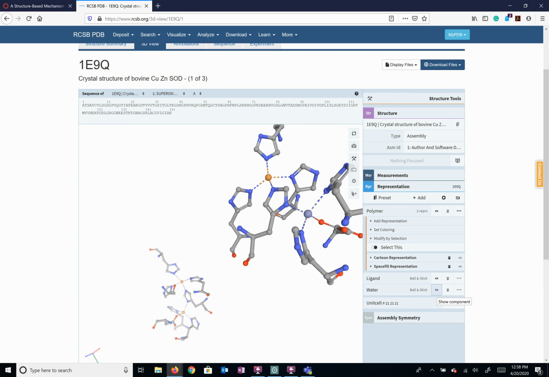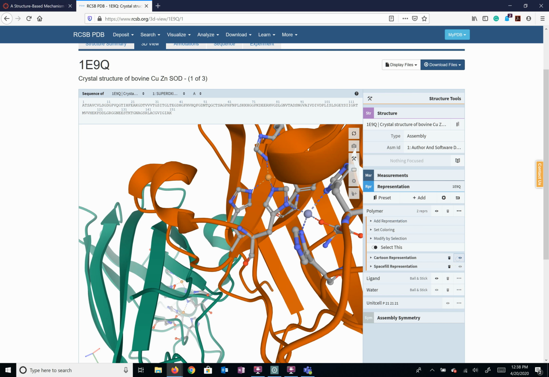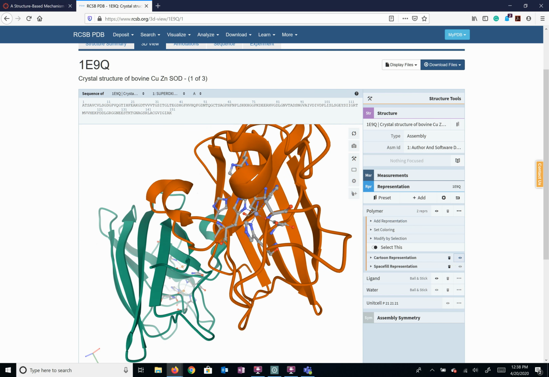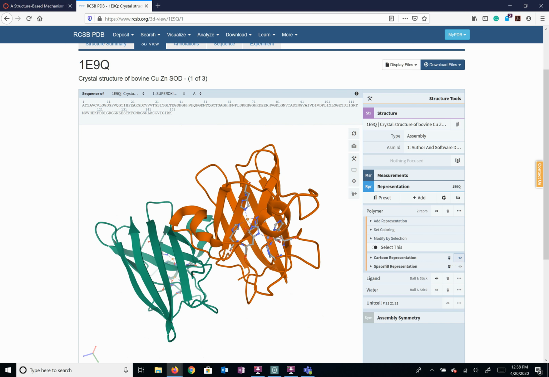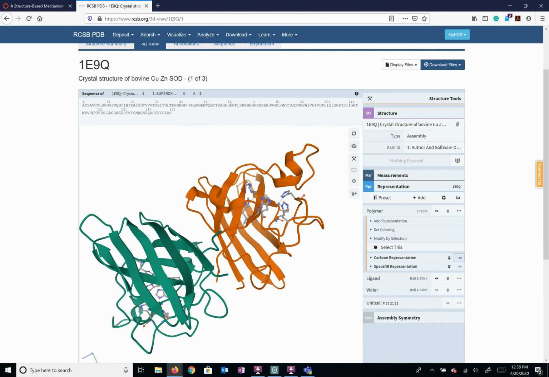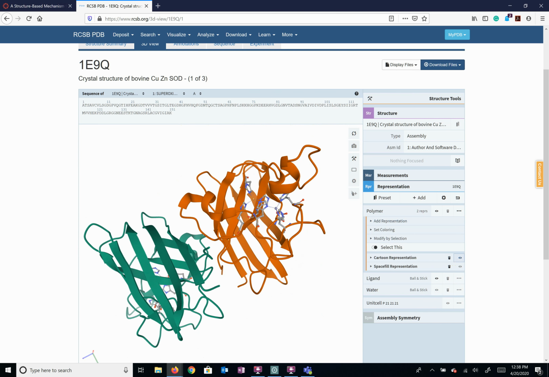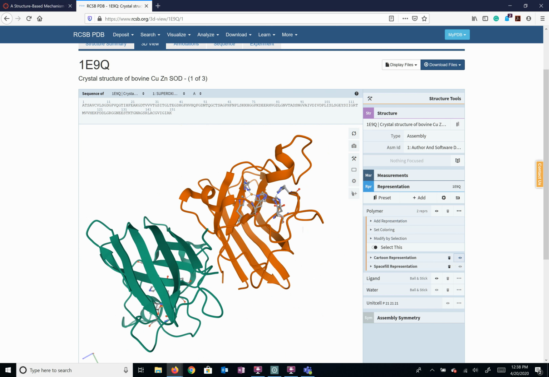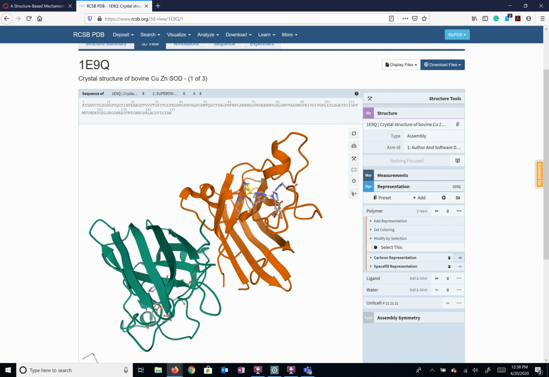Cool. Let me bring back our ribbons. Let's zoom out a bit and take a look at where the active site is. Now, you can almost see this if you know what you're looking for, and I'll make it easier in just a minute. If you take a look, remember, this is our copper.